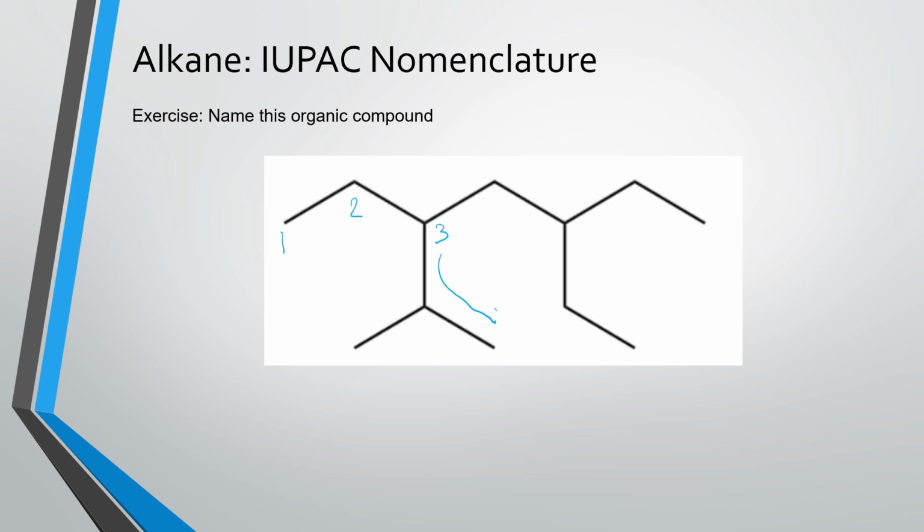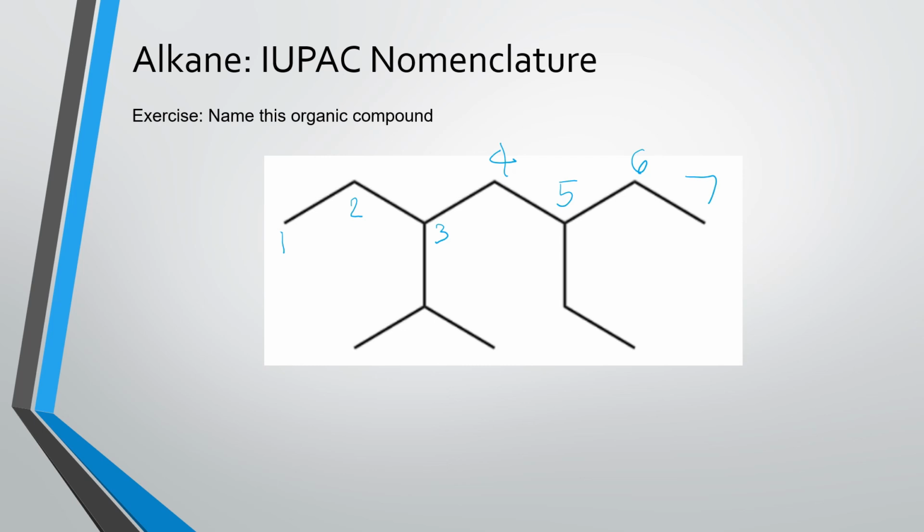If we go down, we have 4 and 5. So that's not the longest chain anymore. So we continue counting towards the right. 4, 5, 6, 7. Kahit pababa man tayo, 6, 7, pwede naman. But then, we just use the upper part.